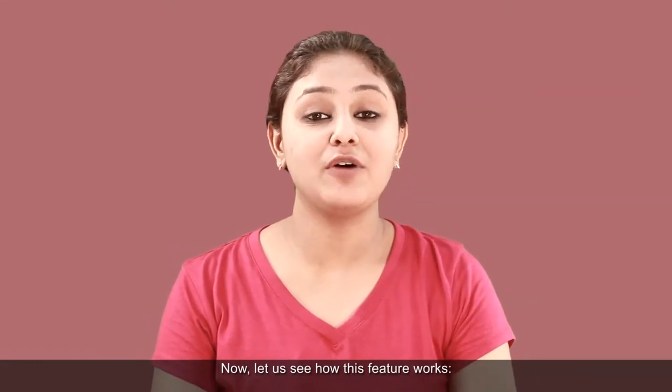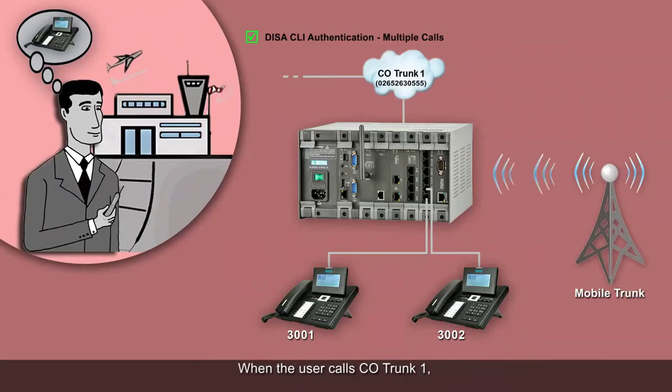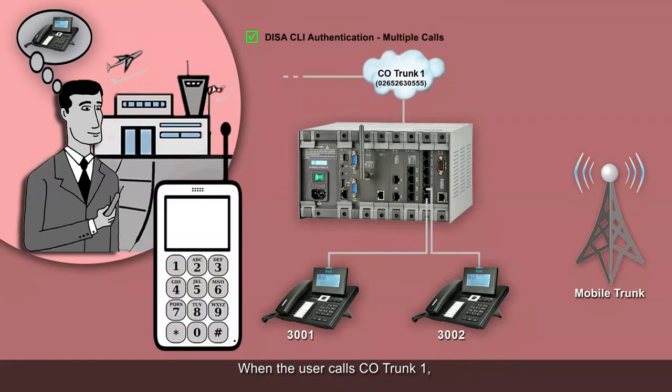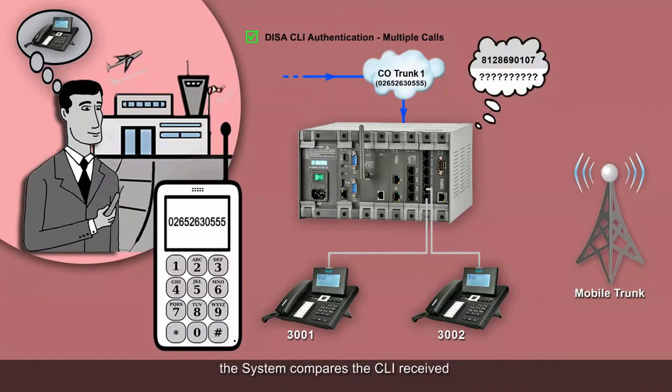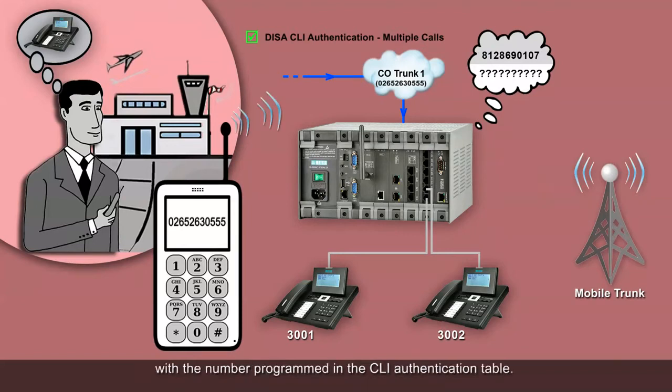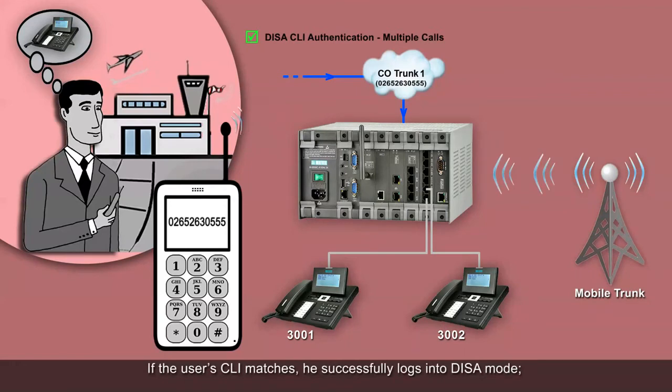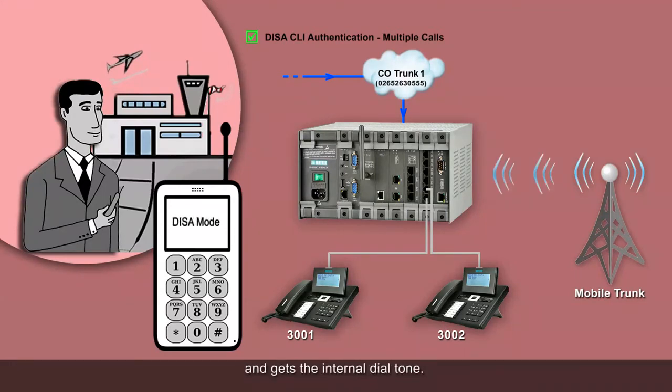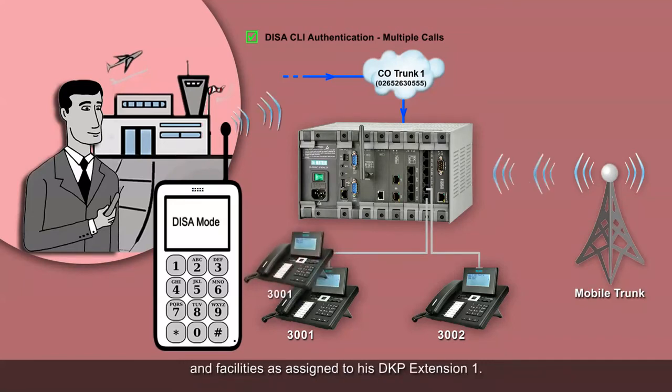Now, let us see how this feature works. When the user calls CO trunk 1, the system compares the CLI received with the number programmed in the CLI authentication table. If the user's CLI matches, he successfully logs into DISA mode and gets the internal dial tone. Thus, he gets access to all the features and facilities as assigned to his DKP extension 1.